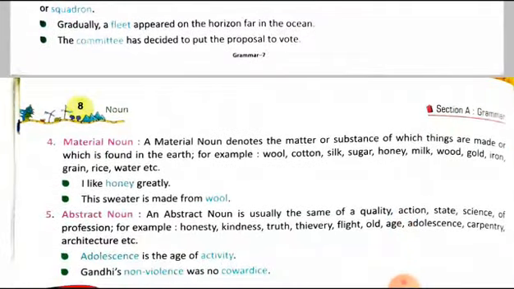Material noun. A material noun denotes the matter or substance of which things are made, which is found in the earth. For example, wool, cotton, silk, sugar, honey, milk, wood, gold, iron, grain, rice, water, etc. What are materials? Materials are the substance or matter through which objects can be made.